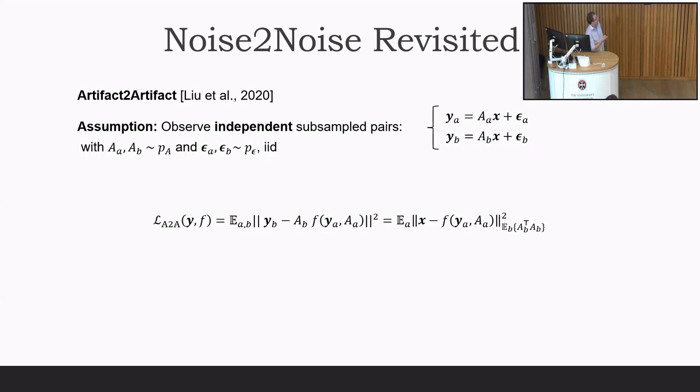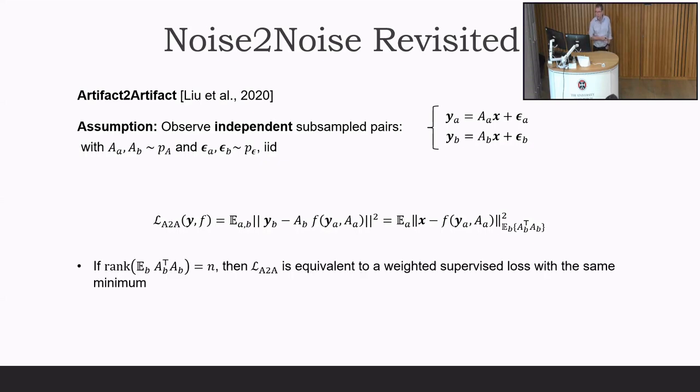Then that is essentially, in expectation, equivalent to a supervised loss where we're measuring just on YA, but comparing it to the actual ground truth X. And this is a supervised loss weighted with a weighted norm. So the Hessian here essentially is the expectation over B of AB transpose AB.